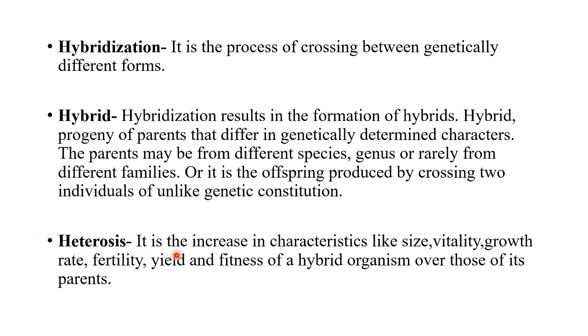Next one is heterosis. Heterosis is the increase in characteristics like size, vitality, growth rate, fertility, yield and fitness of a hybrid organism over those of its parents. In another way we can define heterosis as the superiority of the F1 hybrids over their parents.